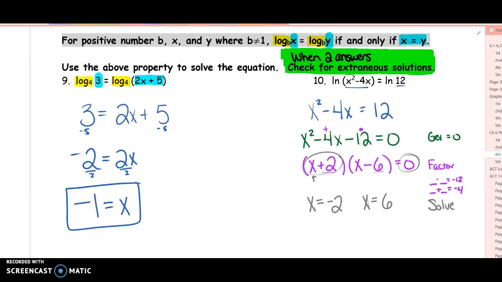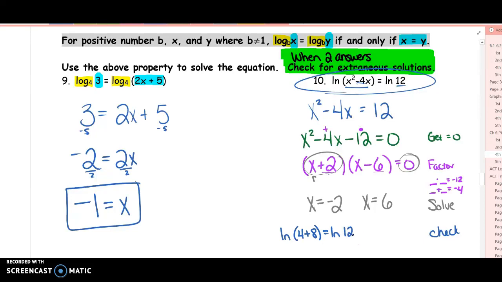So let's check these. You check them back in the original equation. Plug negative 2 in. Negative 2 squared is 4, so we'd have the ln of 4 minus 4 times negative 2, which is plus 8.